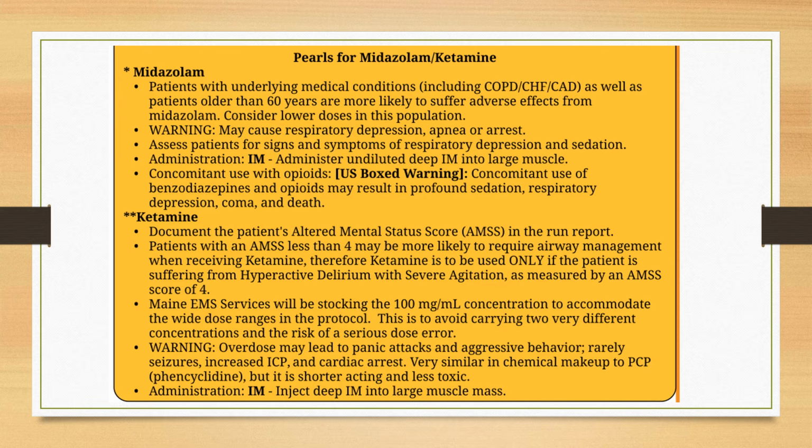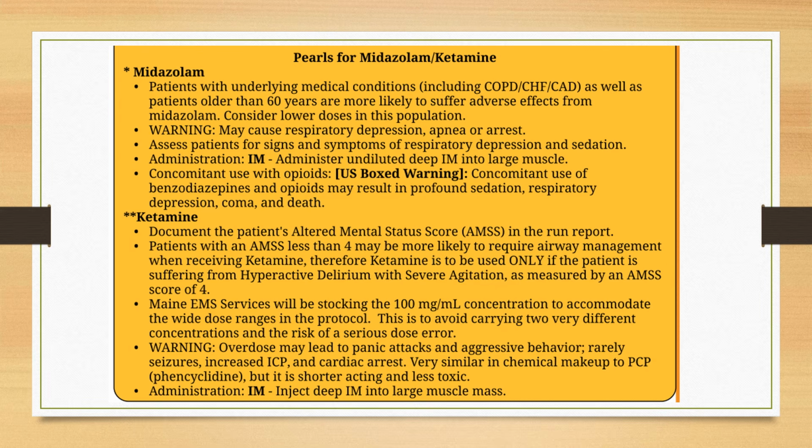Let's look at ketamine. Anytime you give ketamine for these type of patients, we need to make sure that we document our patient's altered mental status score, also known as AMSS, in the run report. We'll cover that in later slides. Any patient with an AMSS score less than 4 may be more likely to require airway management when receiving ketamine.